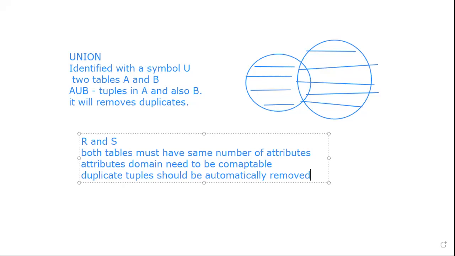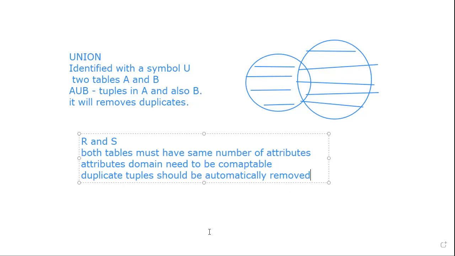Second, attribute domains need to be compatible: if you take any attribute from either table, the attribute values should be compatible. Third, duplicate tuples, meaning records, should be automatically removed. These are the 3 properties for the union.